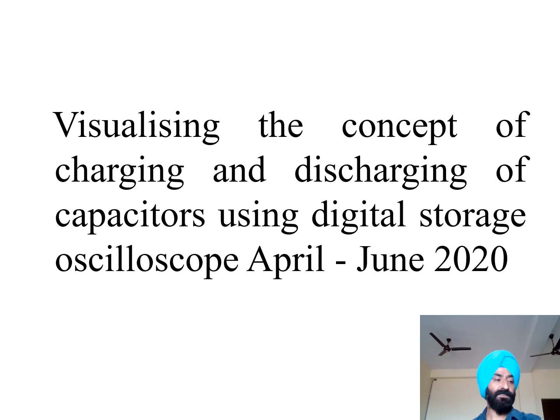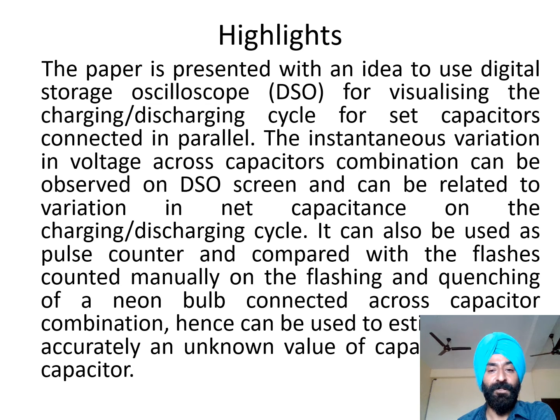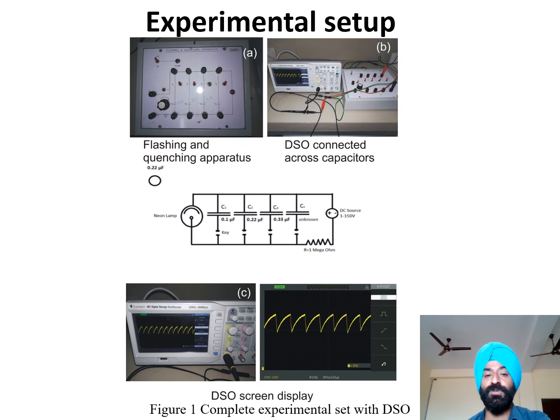The next DSO application is visualizing the concept of charging and discharging of capacitors using the digital storage oscilloscope. Here again we have used the experimental kit that we use for the flashing and quenching experiment that we perform with BSc first year students, and we can use that kit to show the capacitor combinations and learn more details of this experiment using the digital storage oscilloscope.